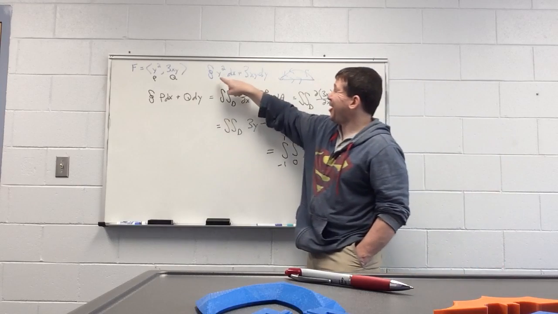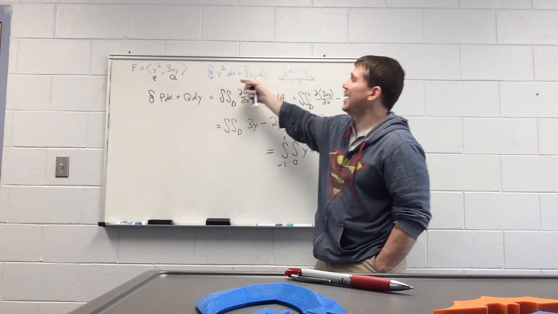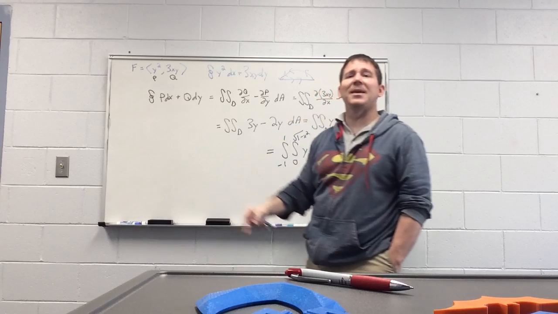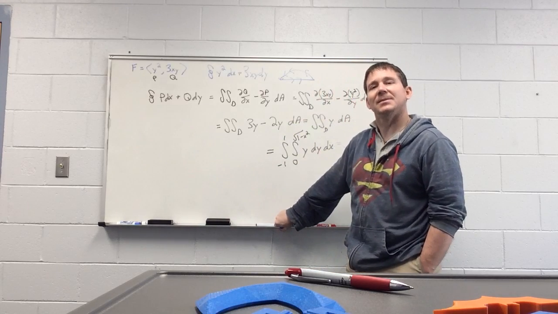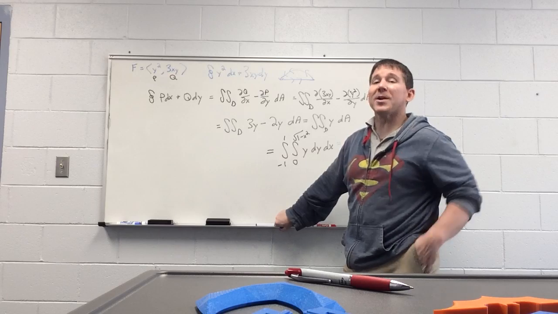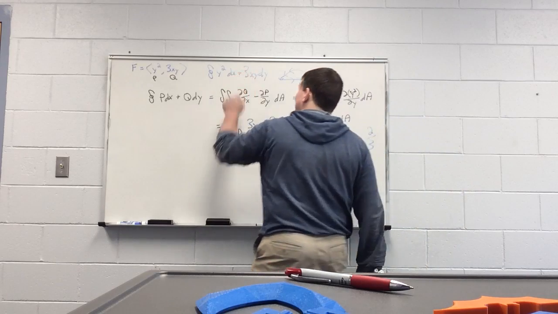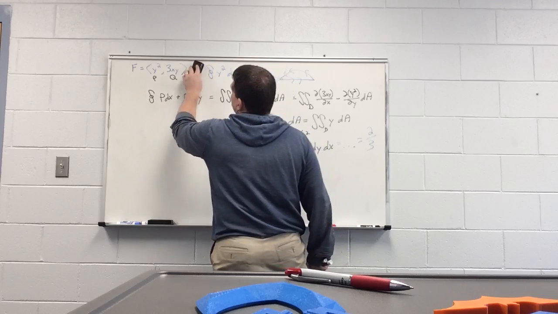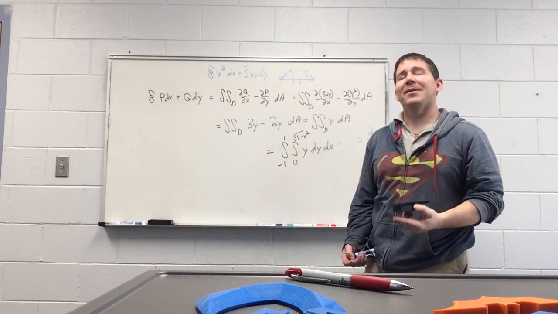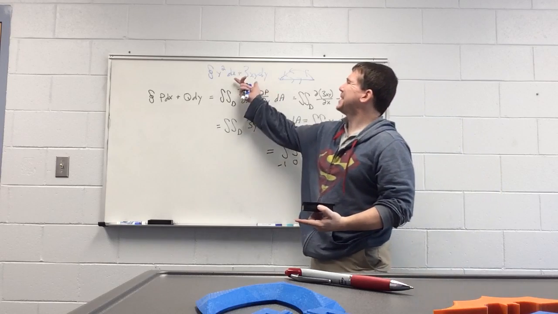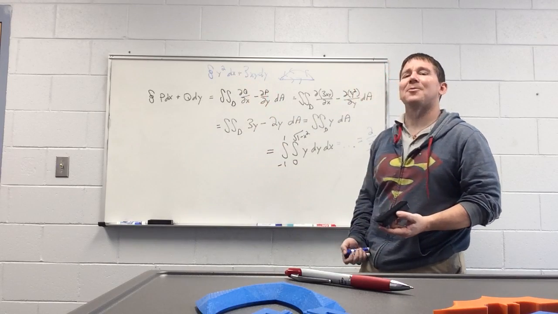If I had maybe called this one Q and this one P, and really just flipped these, would it have been different? Or put another way, if I was just given that line integral, the order of this is the same, I could just flip that around.